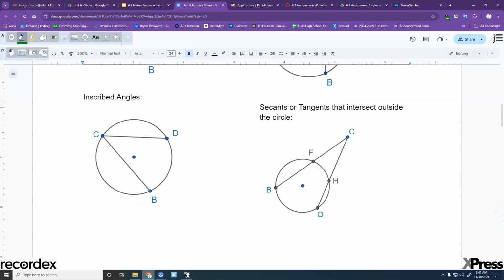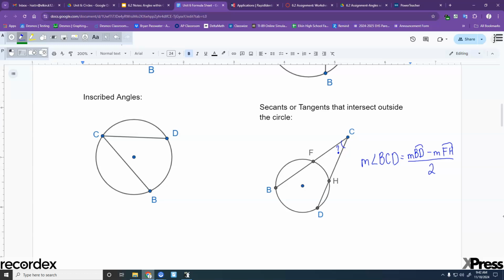Okay, for this formula sheet, in symbols, to find the measure of angle BCD, that's this angle right here, that outside angle, we would do measure of arc BD minus measure of arc FH divided by 2. All right, so big arc minus small arc divided by 2.